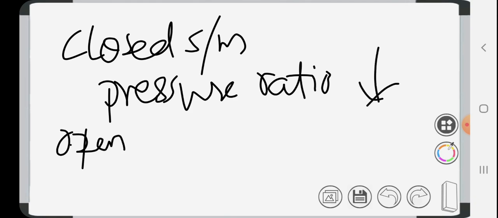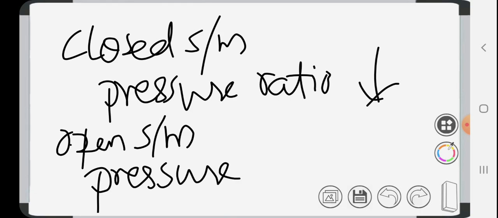In an open system the pressure ratio is higher. The compressor is doing nothing but increasing the pressure of the working fluid, right? So the pressure ratio will be higher in case of an open system. A higher pressure ratio means you have to increase to a higher pressure, which means you have to add more work. So the work input will be more, right?